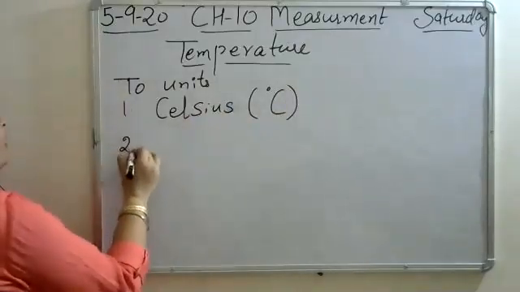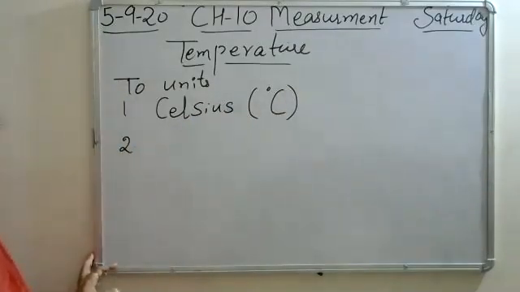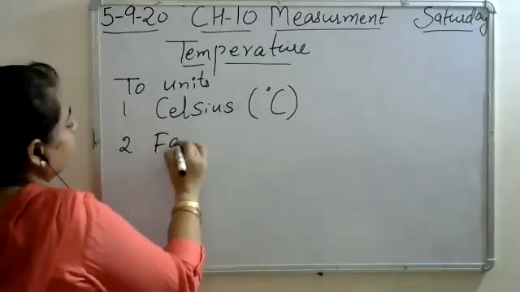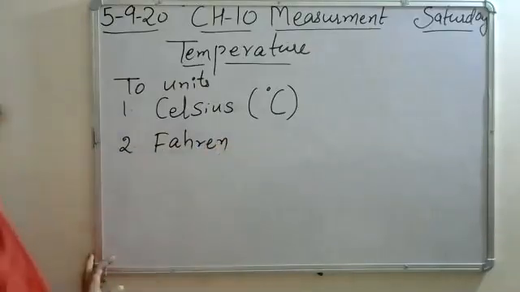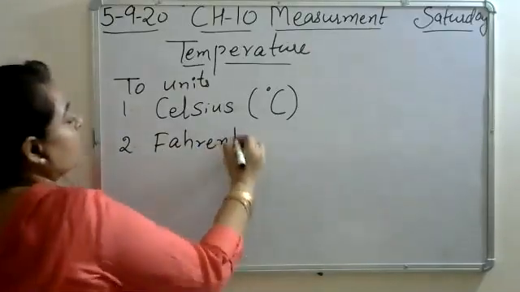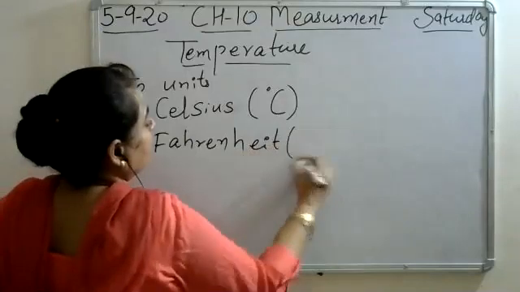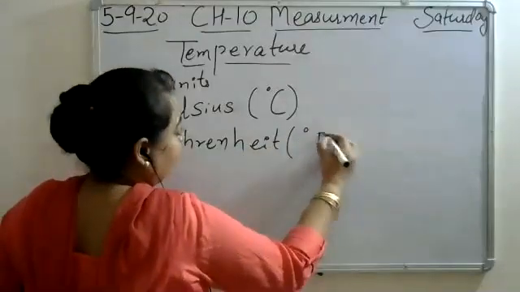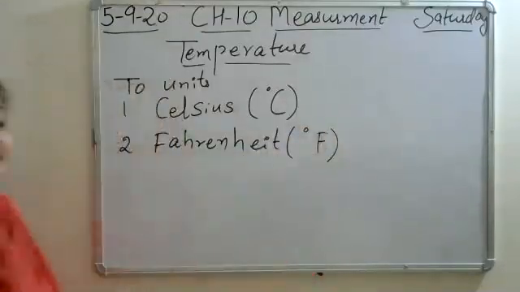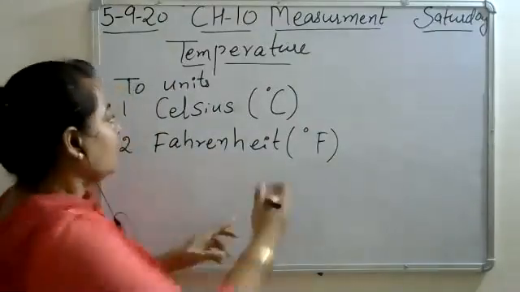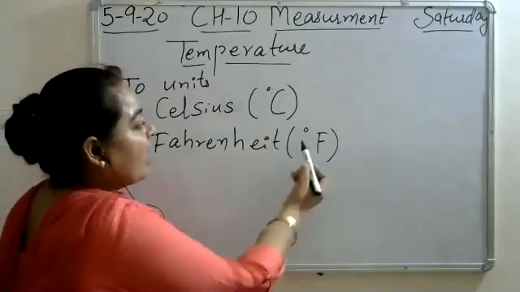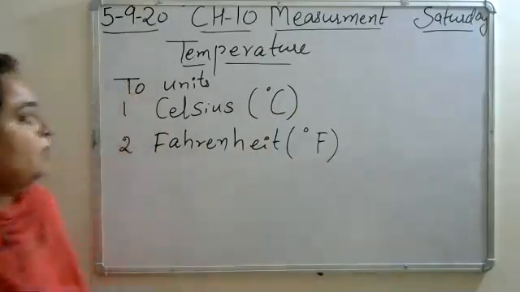And second is Fahrenheit. The next one is Fahrenheit. That is degree F. So note down side by side. To measure temperature, we will use two units, degree Celsius and degree Fahrenheit.